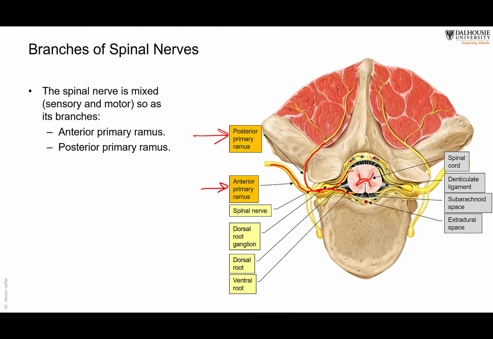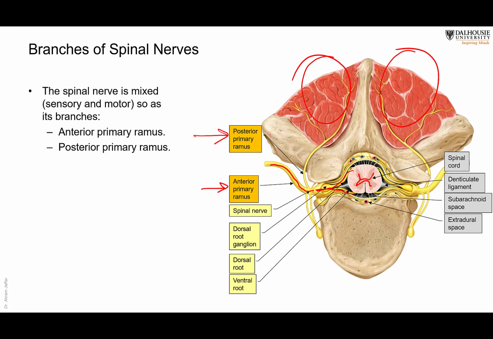Look at the posterior ramus. It is much thinner than the anterior ramus because it supplies only a narrow area at the center of the back of skin, so sensory because it has sensory fibers, and it also supplies these muscles, the erector spinae muscles. Remember we mentioned that they are the muscles that we eat when we order rib eye or sirloin steak.